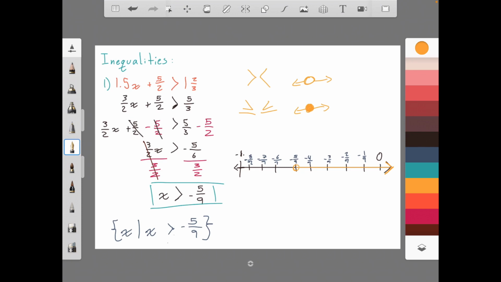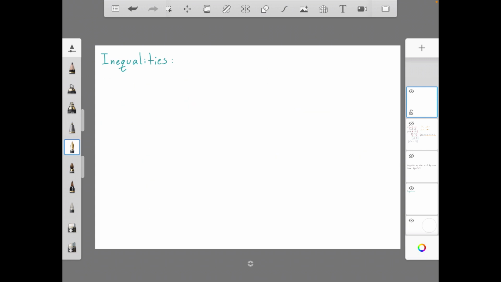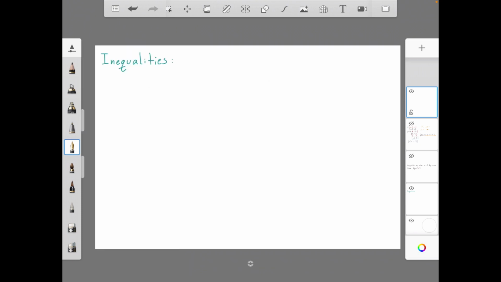Okay, so now I'm going to move to a second exercise, and we are going to solve an exercise that involves one of the exceptions I mentioned of this rule over here, as if they were linear equations.